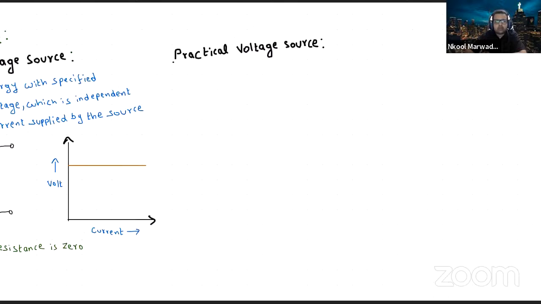For a practical voltage source, the idea is that the battery has an internal resistance along with it.